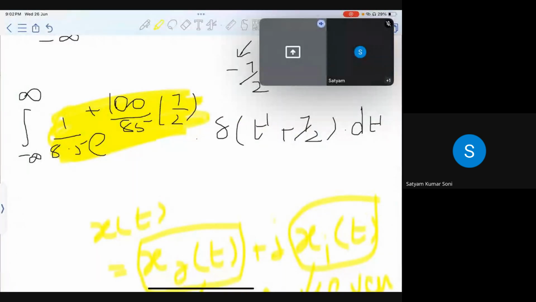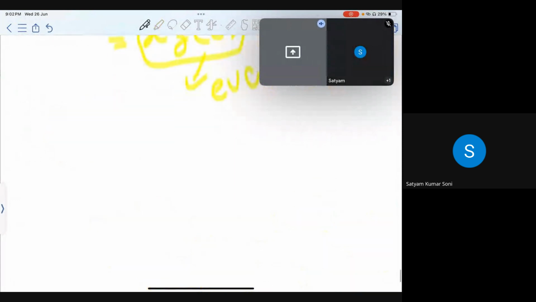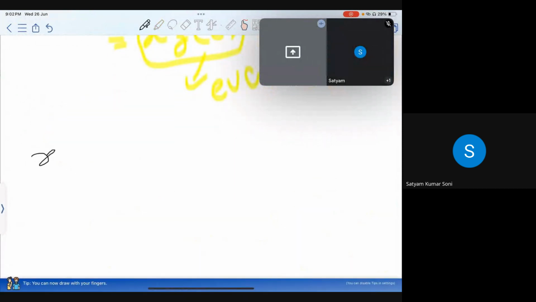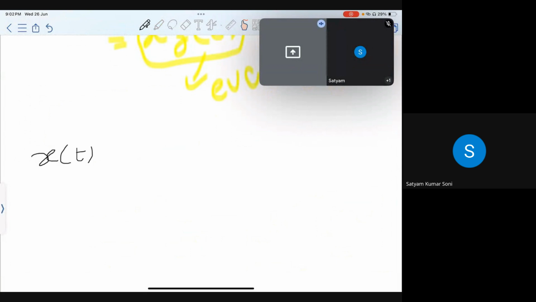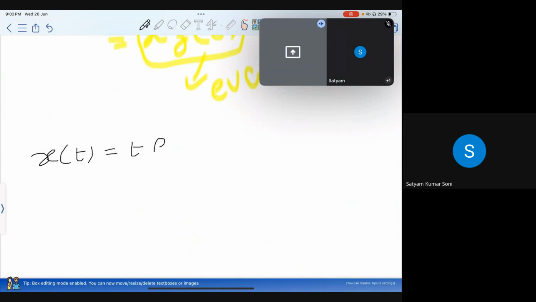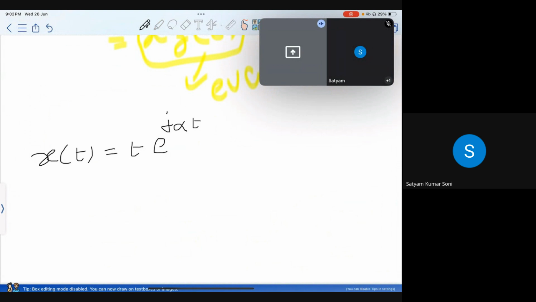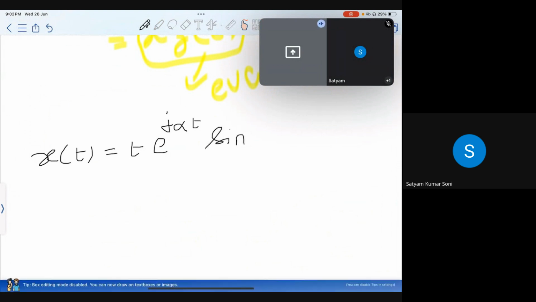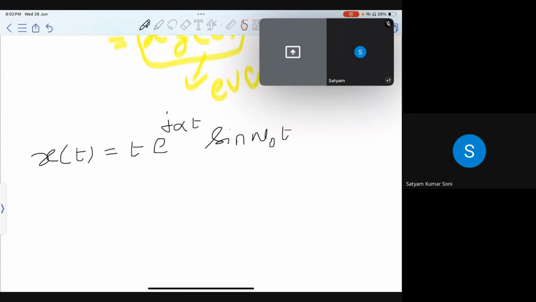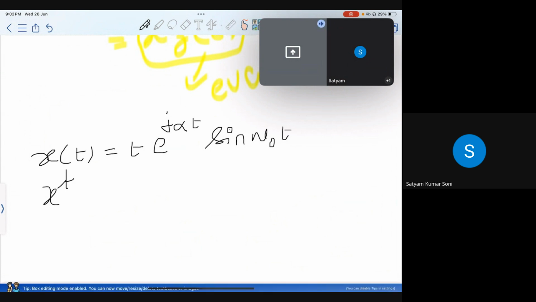If I remember correctly, the given signal is this: x of t is t e power j alpha t sine omega naught t, correct? Yes, ma'am. Now what is x star of t?